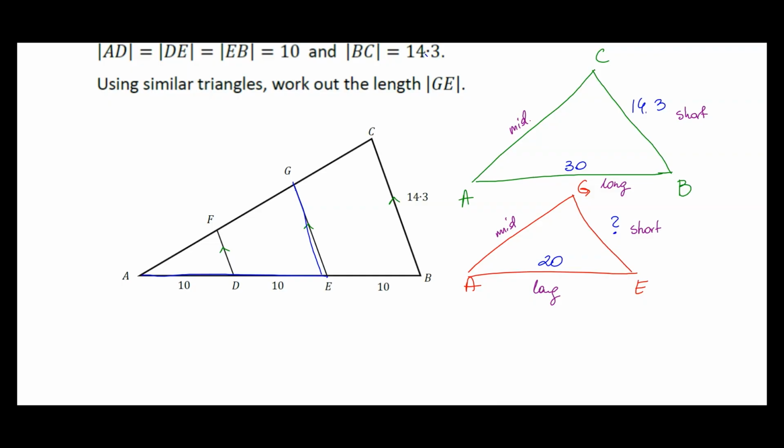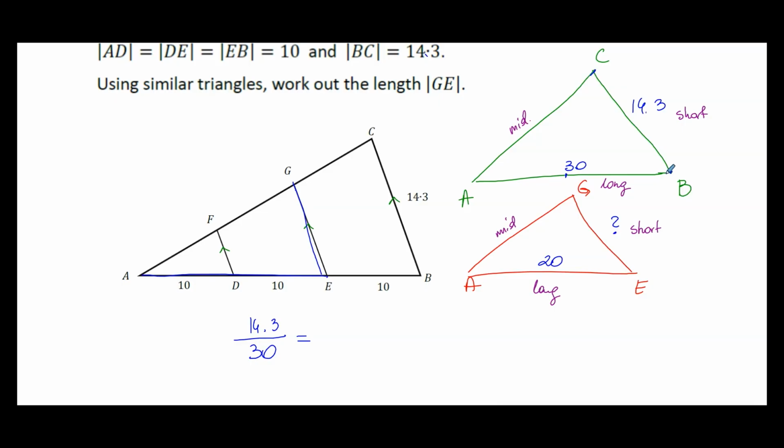When building a ratio, we have many options. Let's say the short side in the big triangle relates to the long side in the big triangle. For argument's sake, this side will go into this side twice.